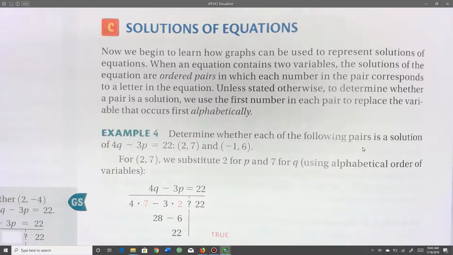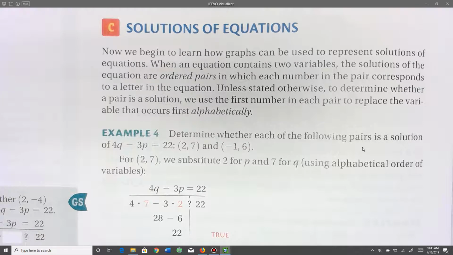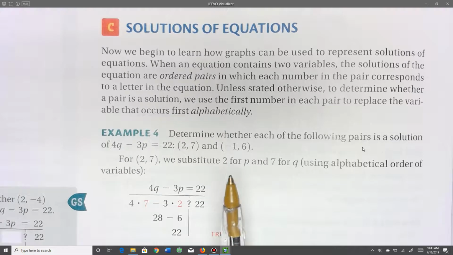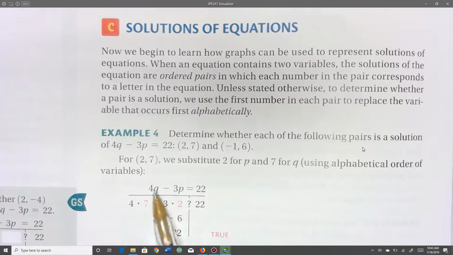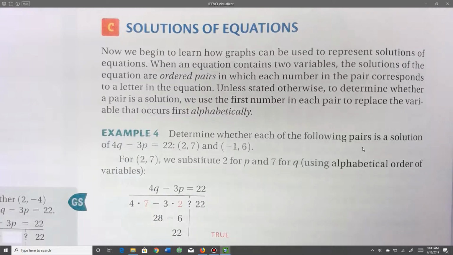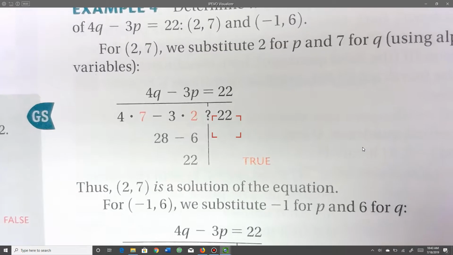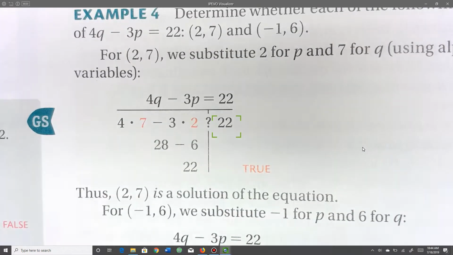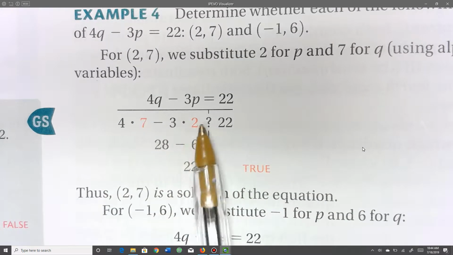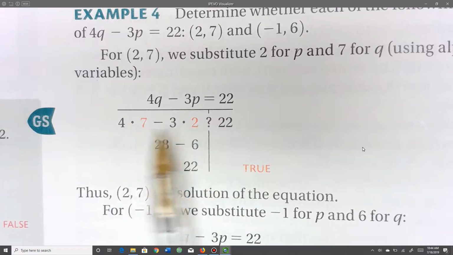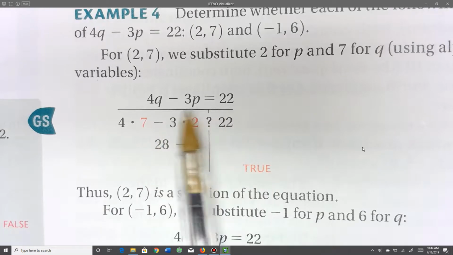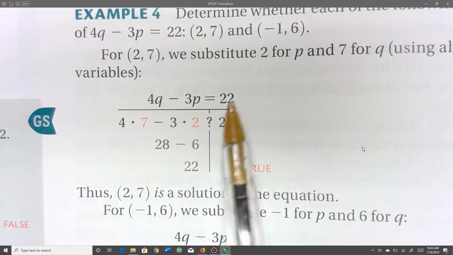Well, whenever you're talking about solutions in algebra or in mathematics, you're not talking about what is the answer. No, not necessarily. If I ask myself, what is the solution of this equation? I'm talking about what ordered pair is going to make this equation true.